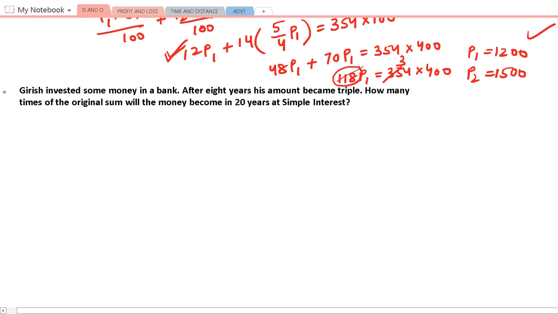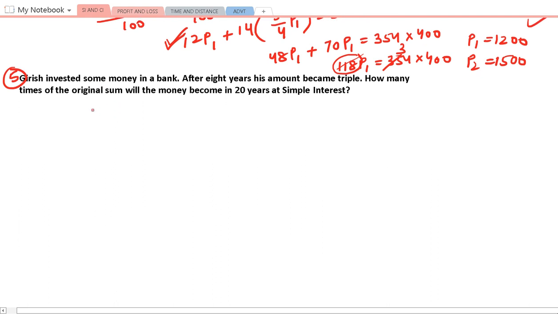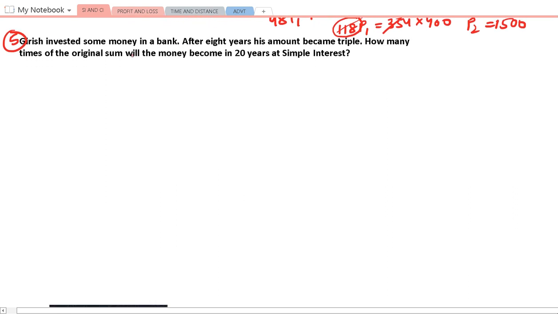And this is the last question of this series. See here, some aspirants will get confused here, so don't be confused. Here Girish invested some money in the bank. After 8 years, the amount became triple. That means first he has amount P. After 8 years, it becomes 3P.